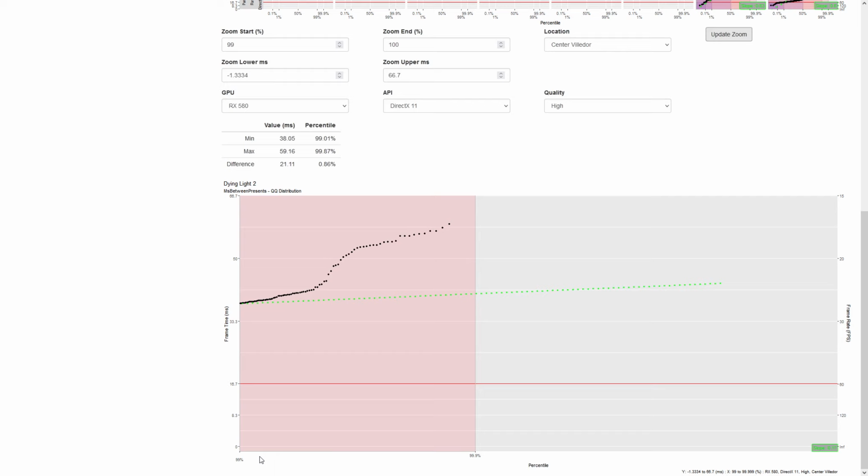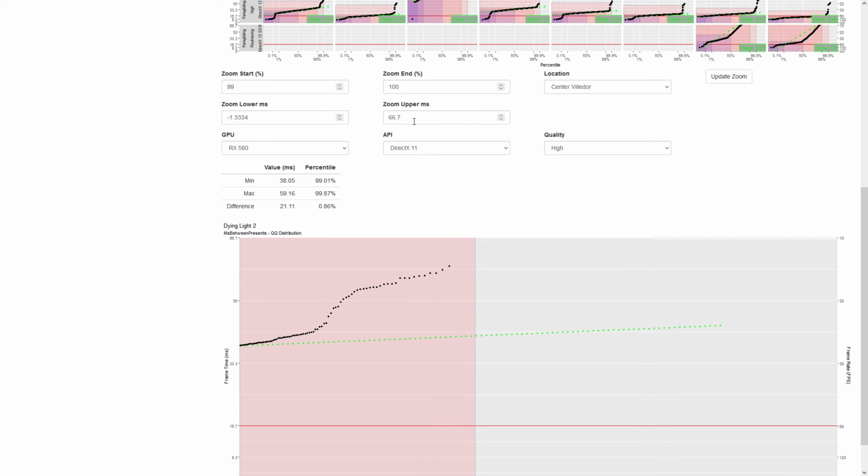So this is the data we're actually learning about. We are learning that there is 1% of the data that is below 38.05 milliseconds. But look, the range here is 21 milliseconds. So from this point to that point, there's 21 milliseconds. And the funny thing is, it's actually even worse. The range should actually be worse than this.